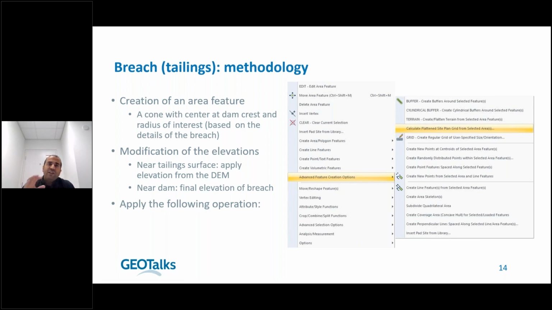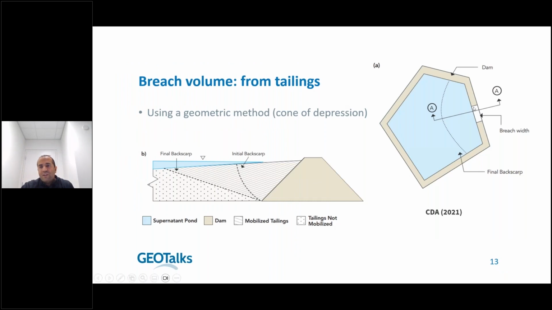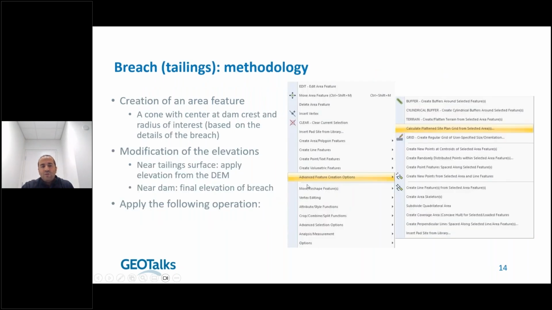Firstly, assign the elevation of the tailings, and then change the elevation. For example, at the location of the breach, we assign the elevation of the ground, and at the location of the tailings, we assign the elevation of the tailings. And then using the advanced feature creation option, and then calculate flattened site grade, we apply that dredging. It's kind of a dredging because now the area feature has elevation and it's dredged to the surface.